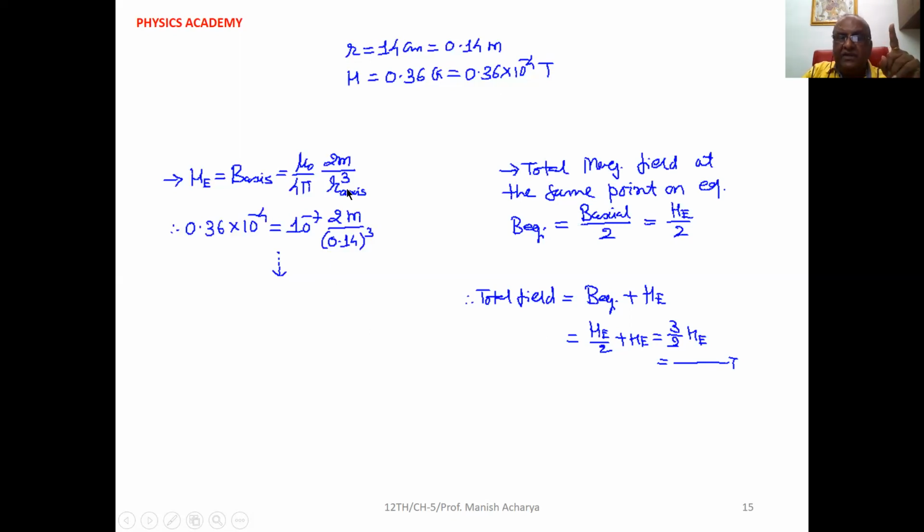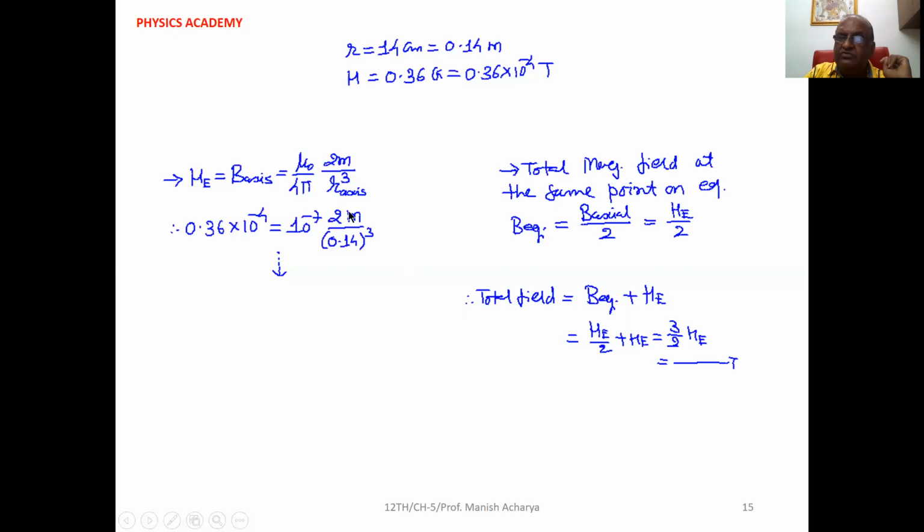Now see here, without calculating this thing directly, you can solve the problem in this way. But why here this equation I placed? Because suppose it is asked to you not exactly at the same point, but at some other point, if you want to calculate the resultant or the total field, then in that particular case, you require m.